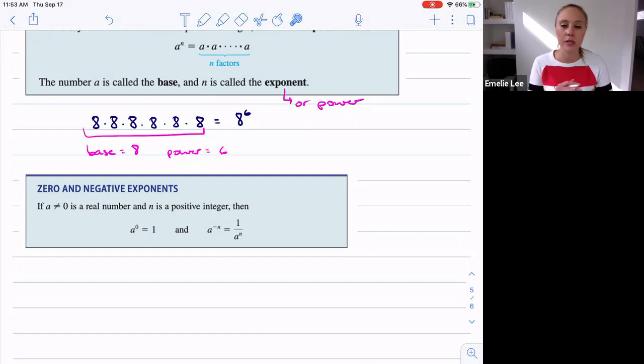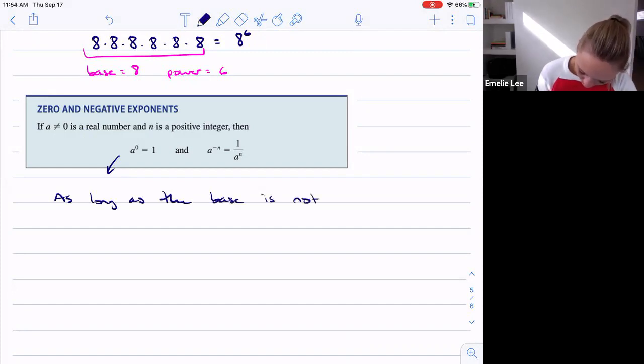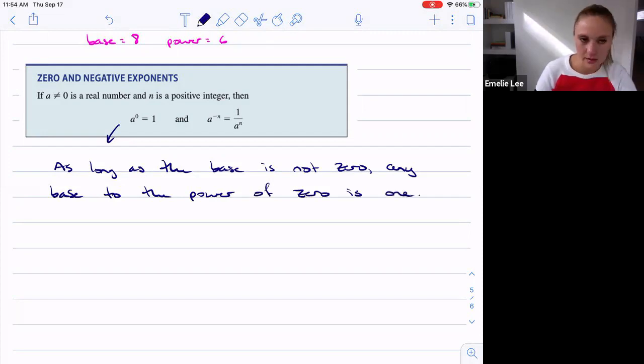So as long as the base is not 0, any base to the power of 0 is 1.